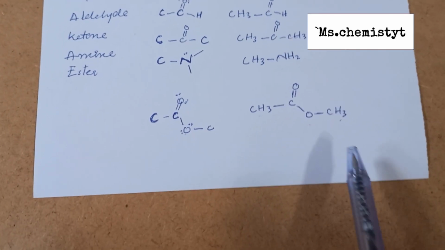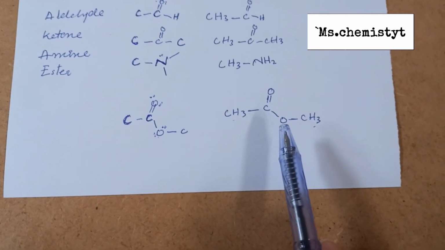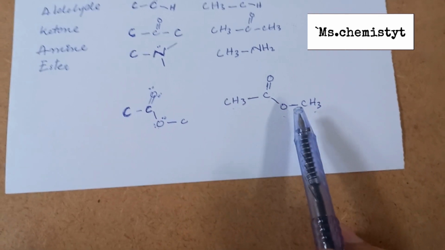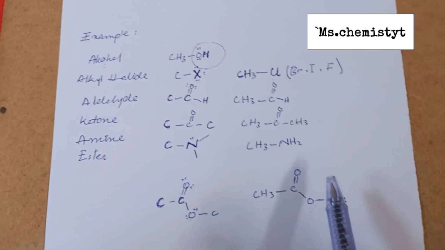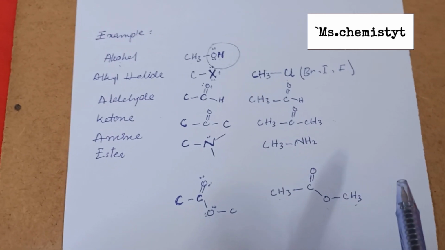So the name of this specific compound is methyl ethanoate or methyl acetate. We will discuss each of the functional groups in our next video.